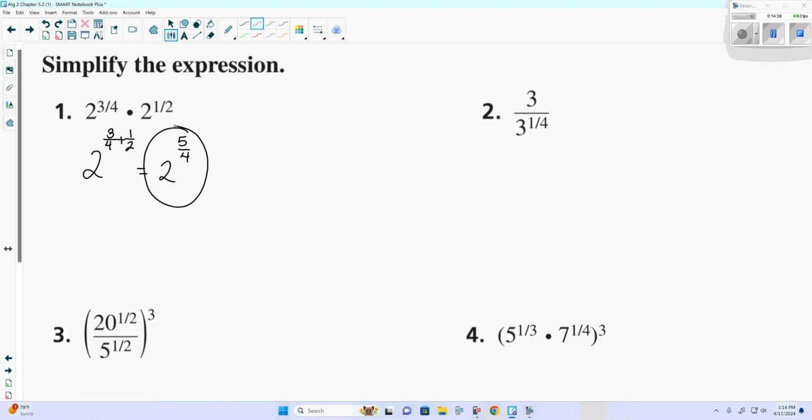Number 2, 3 over 3 to the 1/4. Since we have like bases and we're dividing, we would subtract. Now, since the exponent on top is not given, it's understood to be 1. So we subtract 1 minus 1/4.